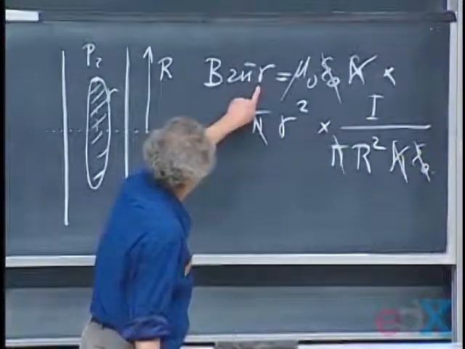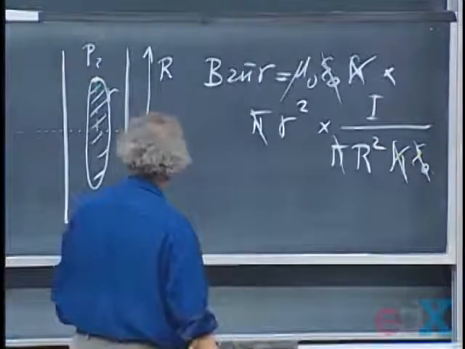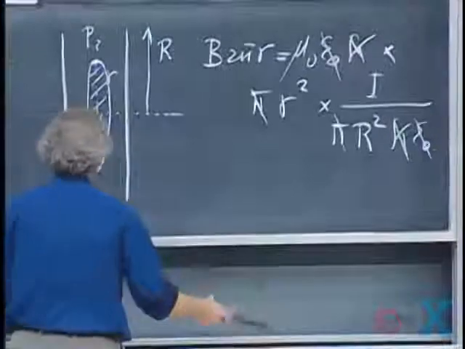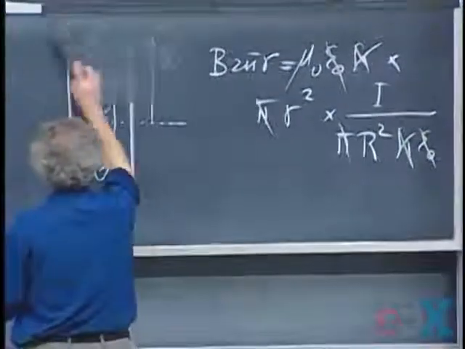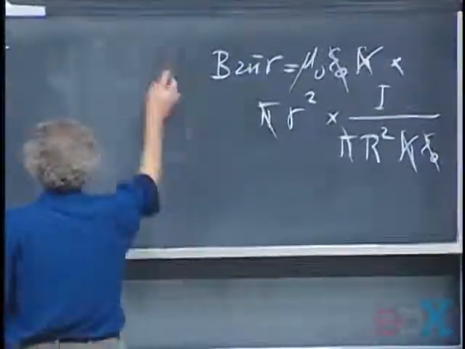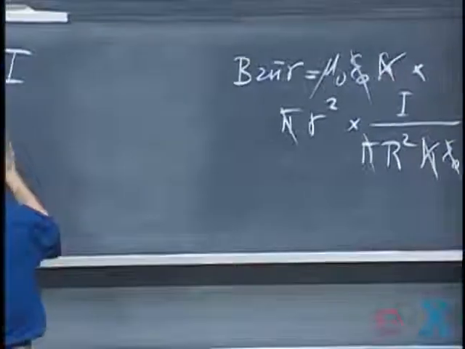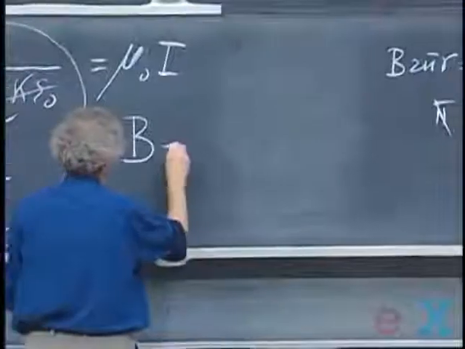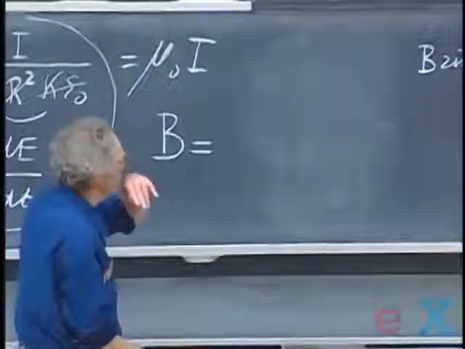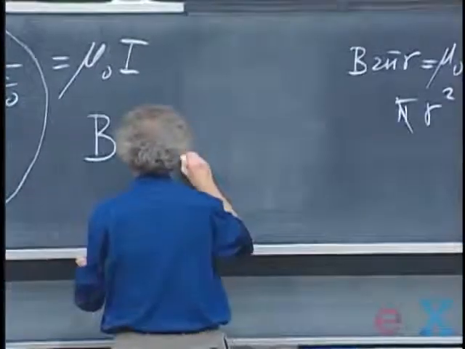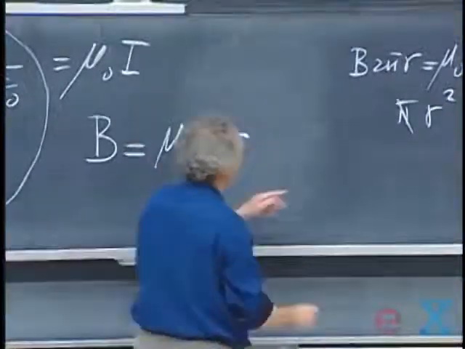And look, I have a little r here and I have a little r square there. So now we're going to get a result, which is something that you may actually have anticipated, namely that you get a field inside the capacitor that is growing with r. Because if I make up my balance, I get upstairs mu zero times I, but I get one little r upstairs.